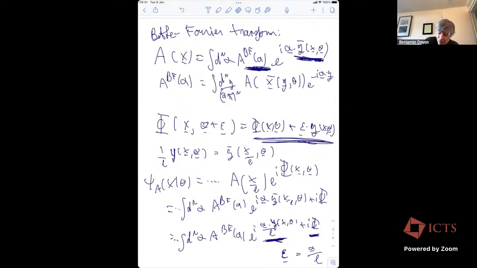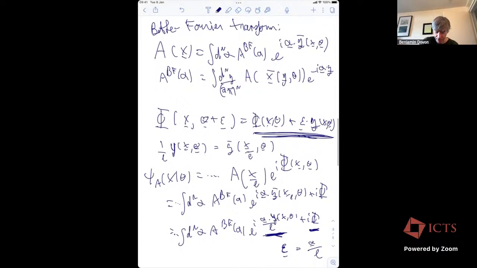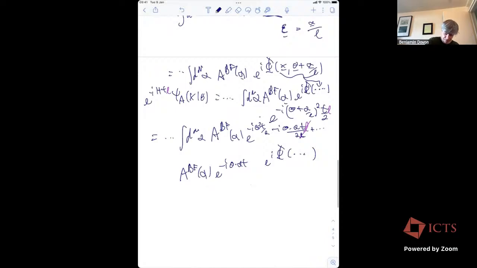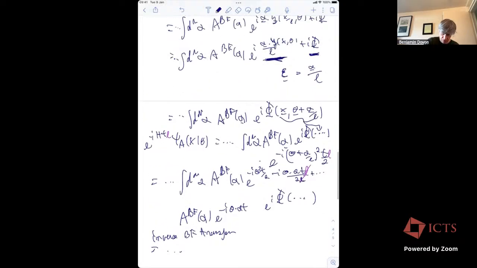And that's how y in this inverse Fourier transform becomes y plus theta t. So then if I inverse Fourier transform, inverse Bethe Fourier transform, I get exactly the stuff I had at the beginning.